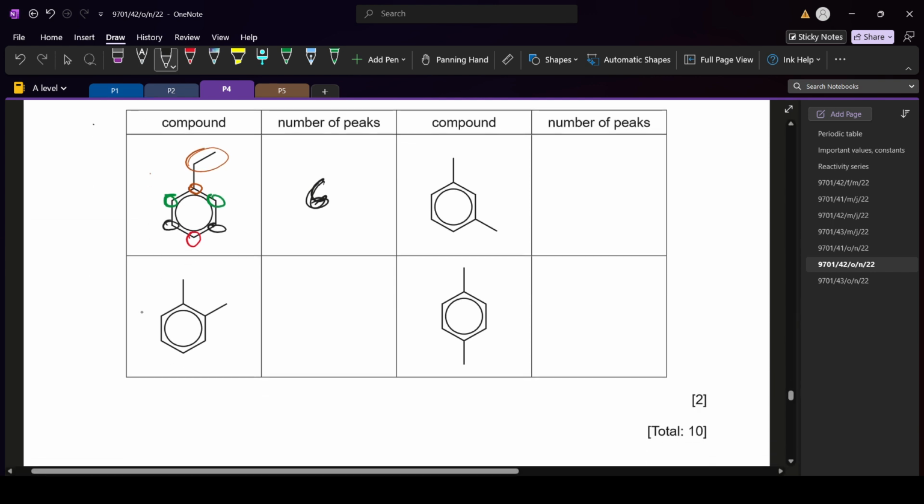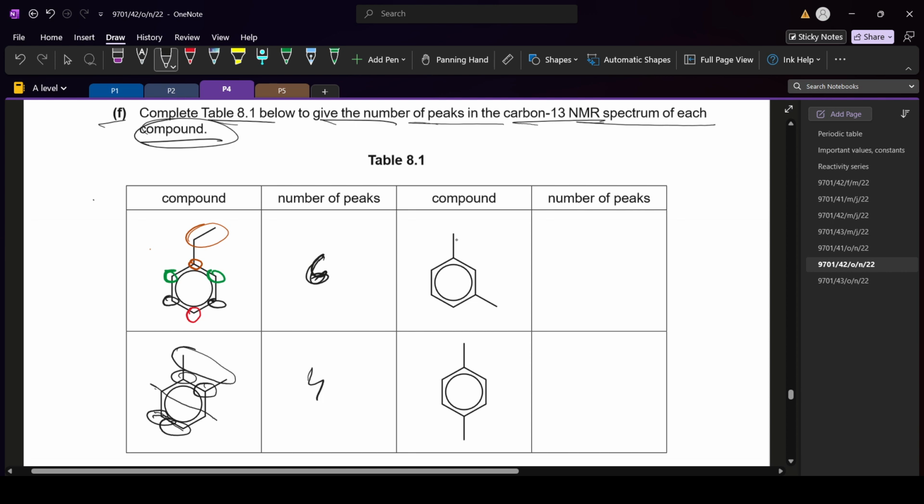Then for this compound, these two carbons will have the same environment, and these two will also have the same environment, so 4 peaks. Now this compound. This carbon and this carbon will have the same environment, and this carbon and this carbon will have the same environment.